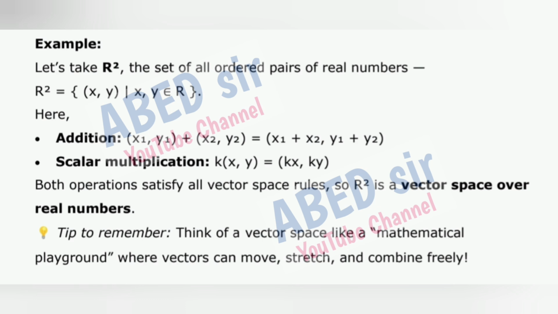Scalar multiplication: k(x, y) = (kx, ky). Both operations satisfy all vector space rules, so R² is a vector space over real numbers. Tip to remember: think of a vector space like a mathematical playground where vectors can move, stretch, and combine freely.